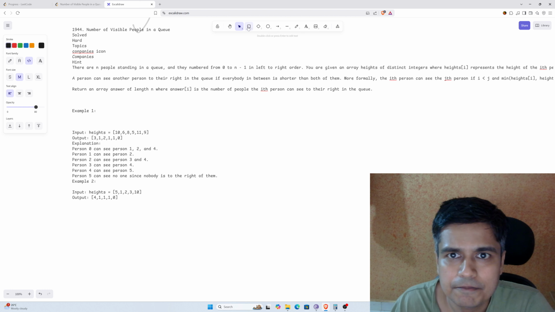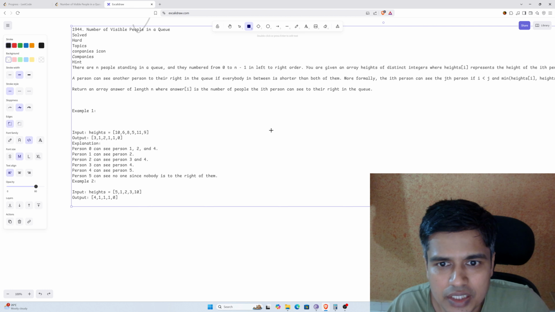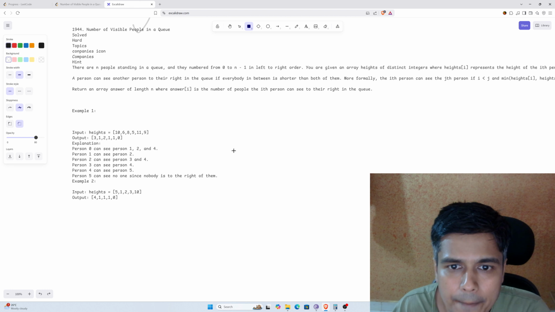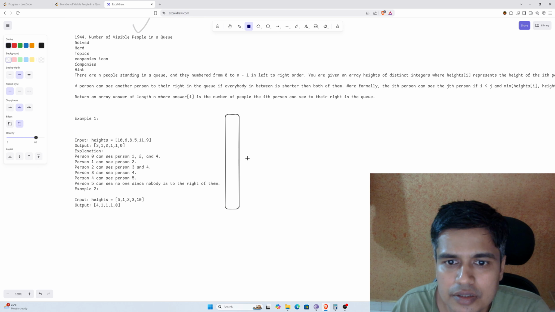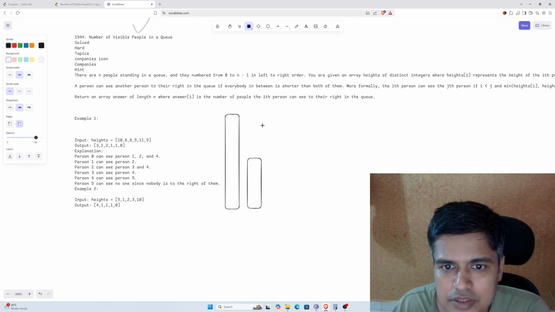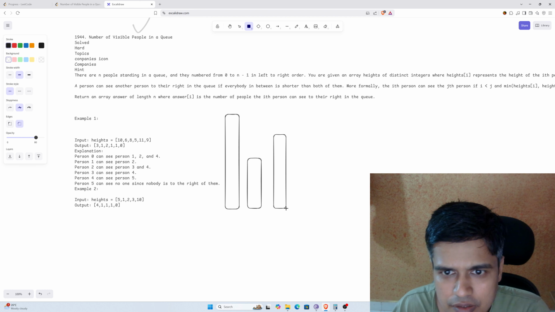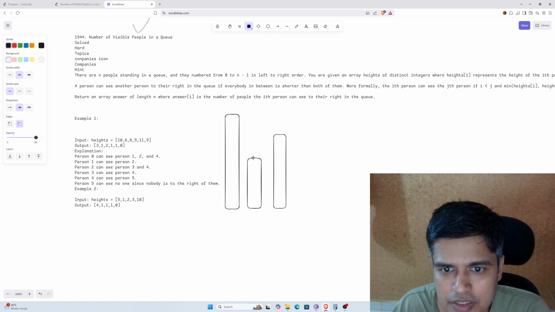Let's say I have these towers. This is 10, and I will draw this 10 much bigger. This is 10, this is, let's say, 6, this is 8, this is 5, 6 and then 5 somewhere here.